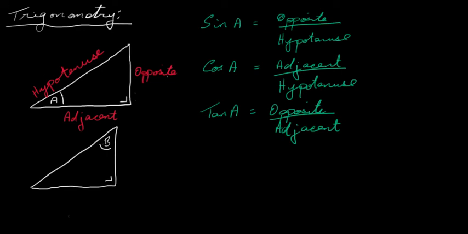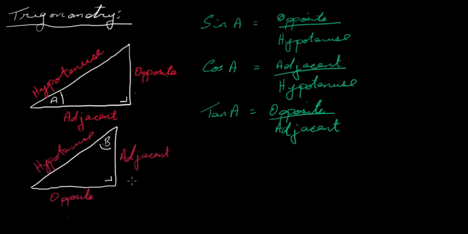The side opposite B is this one here, so we call this the opposite. The longest side is still called the hypotenuse, and remember that's opposite the 90-degree angle. And this other side is called the adjacent, because it's next to B. It's the smaller side next to B.